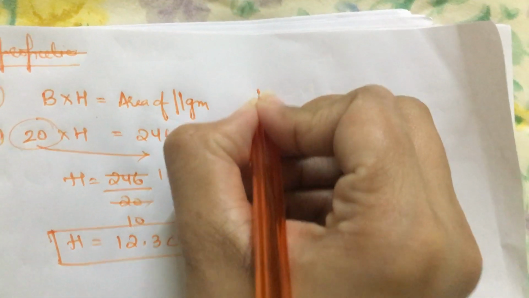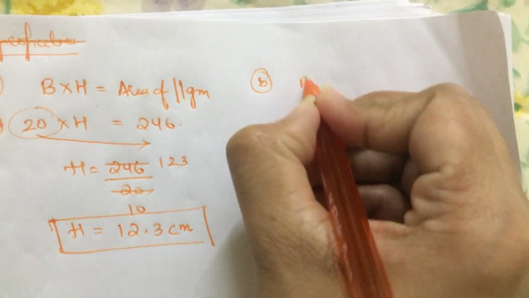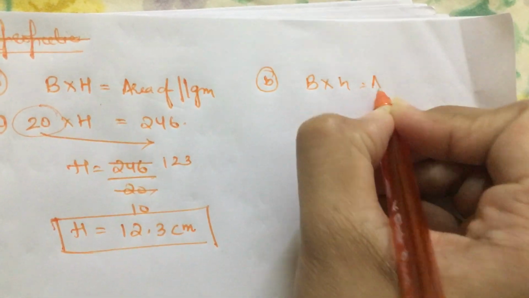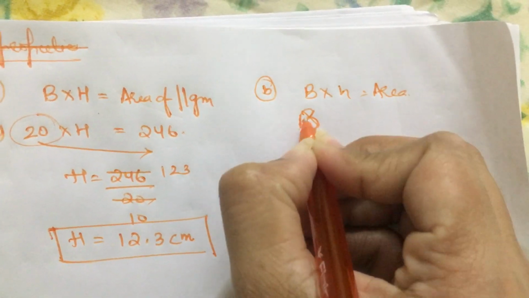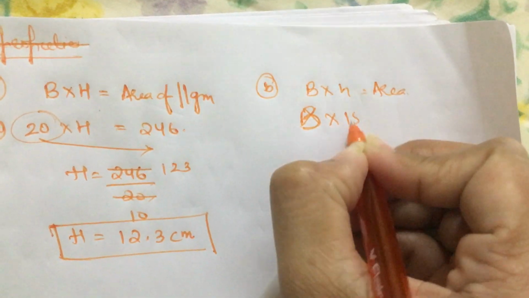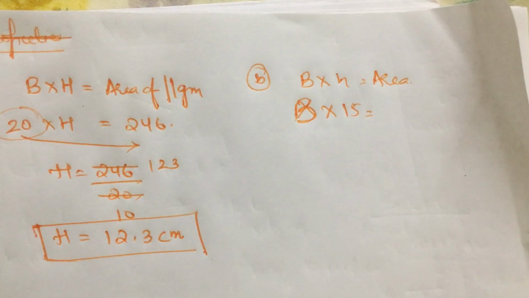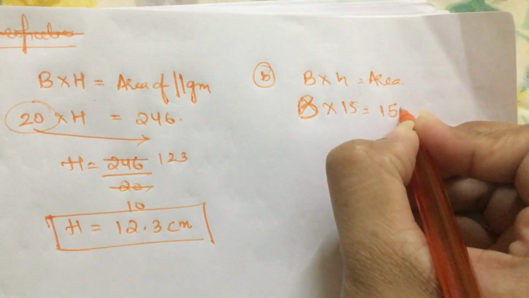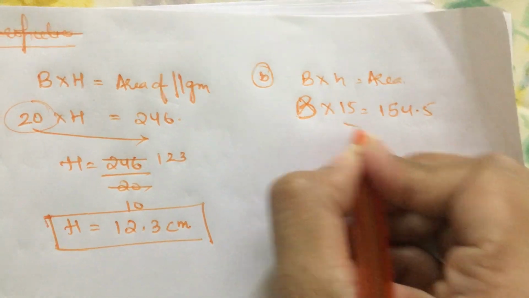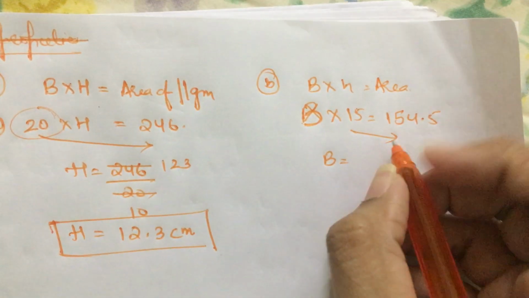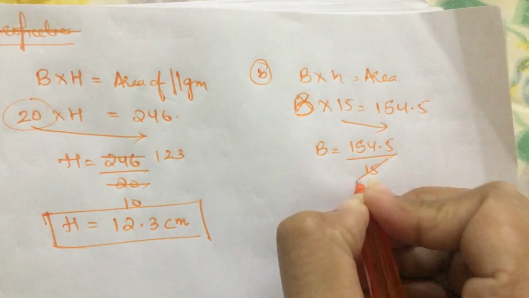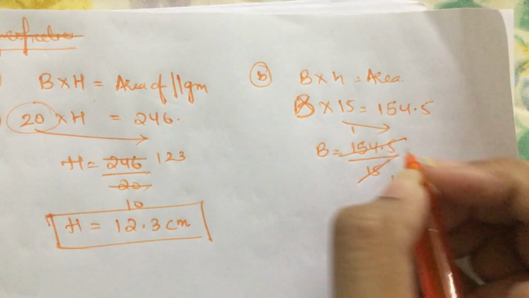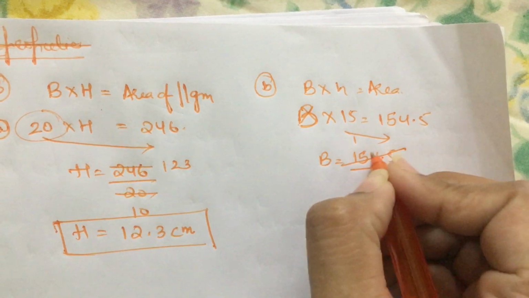Okay, doing the B question, it is given to me base into height is equal to area is the formula. Base is given? No. Let the base be b itself. Height is given? Yes, 15. Area is given? Yes, 154.5. Send this down. The base is equal to 154.5 divided by 15. 15 ones are 15, and we are going to take the next numbers.